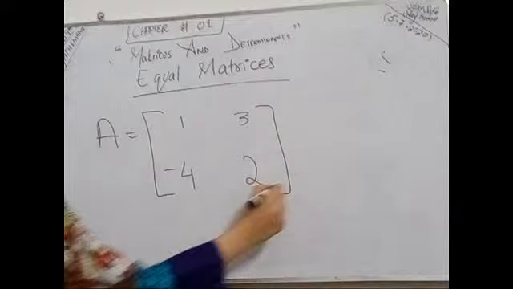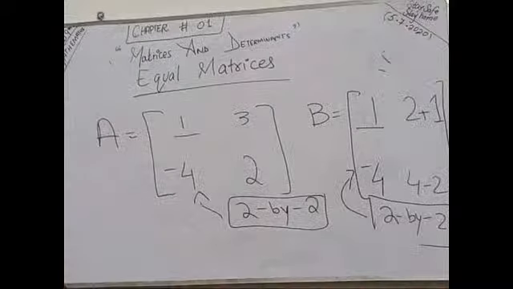Now next condition for equal matrices is their corresponding elements must be equal. So we have to see if the corresponding entries of both matrices are equal.